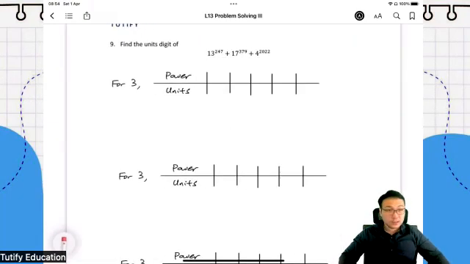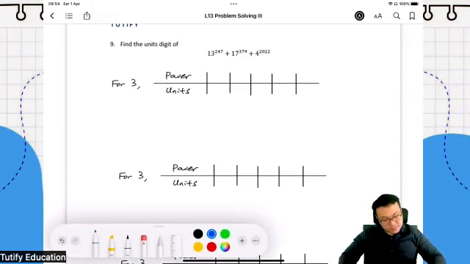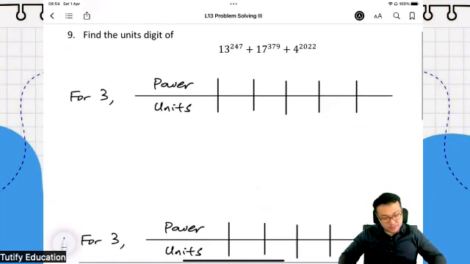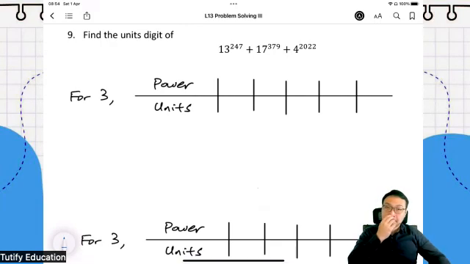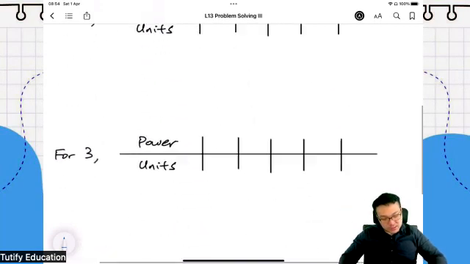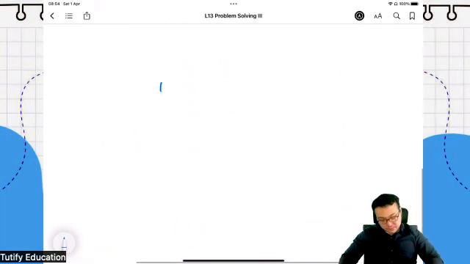Now, can I ask Atharva? What's the meaning of units digit, Atharva? The ones digit. The ones digit, very good. Now, let's do a small experiment. What is the meaning of power of 2? It means 123 times 123.